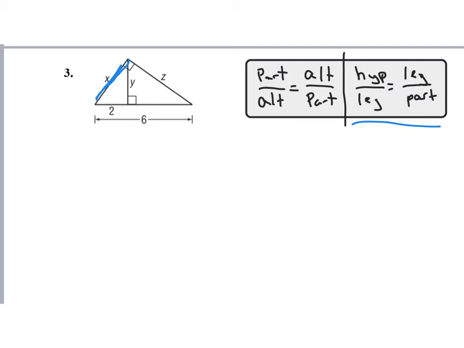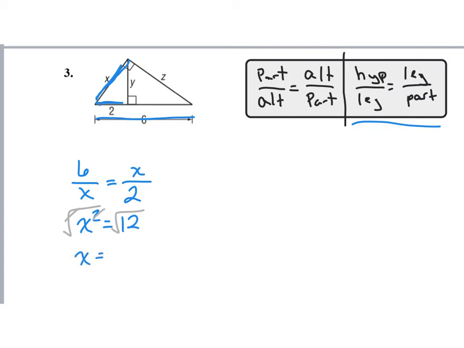The x is going to be the geometric mean between the hypotenuse, which is the whole thing here, 6, and the part closest, which is 2. Cross multiply, x squared equals 12, square root, and x equals 3.464.